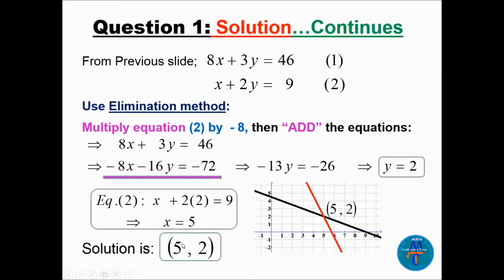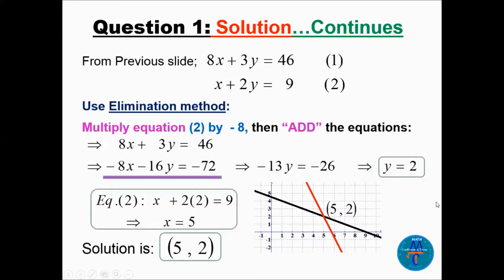See, this is the x value, this is the y value. So what is 5, 2? That is a point, which is exactly the point of intersection of the two straight lines if you graph equation 1 and equation 2. That's why we call them a linear system. If you graph the first equation and the second, there will be two lines intersecting at this point, 5 and 2.